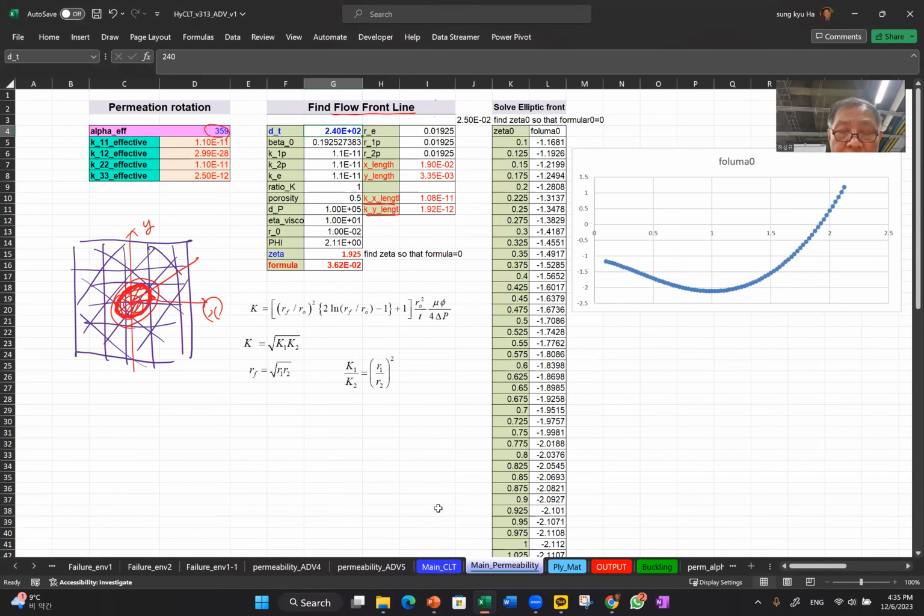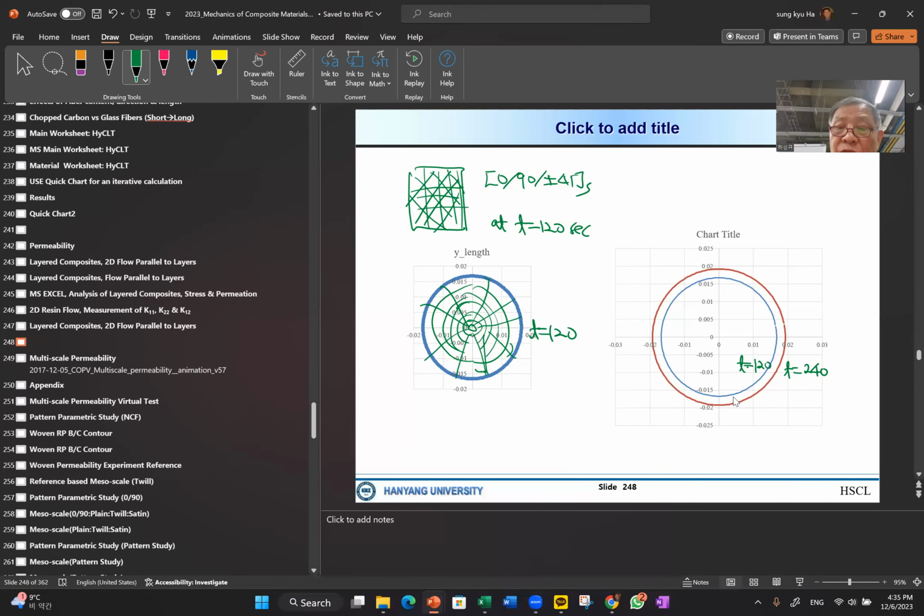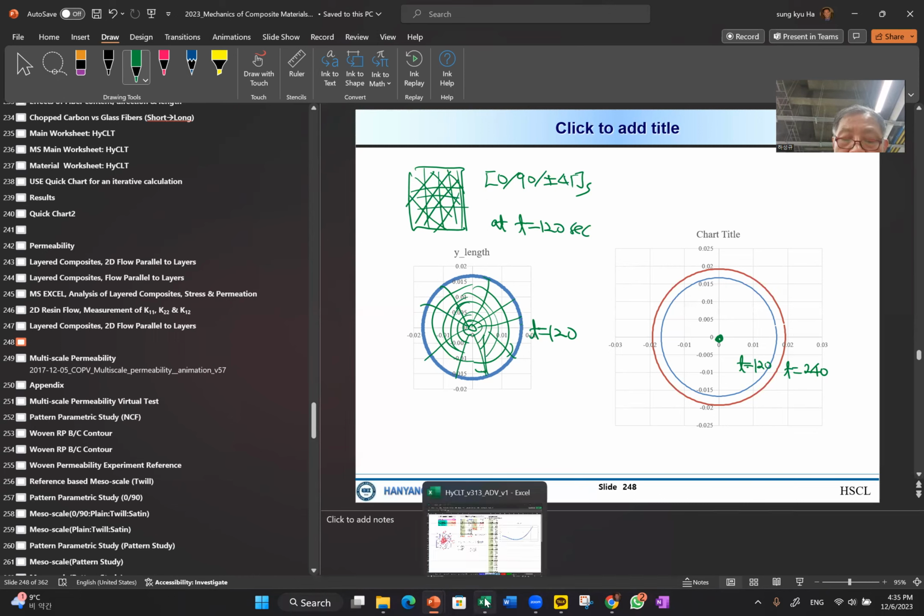So what it gives us is the flow line after a certain time. This can be very useful to predict how this circle grows. Again, the flow source is here, then the resin will flow in every direction.